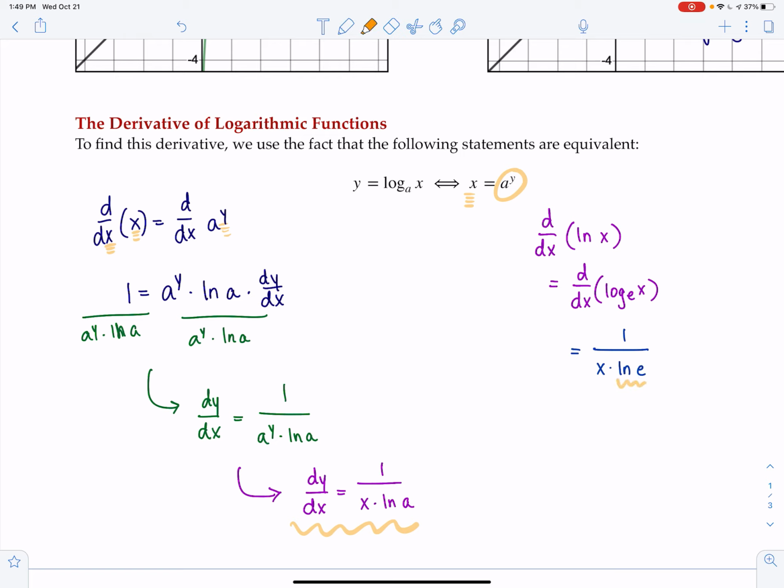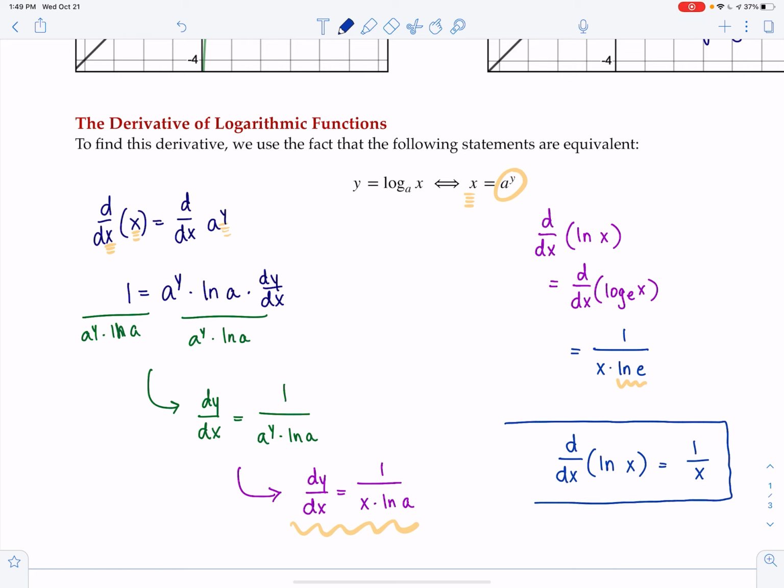The natural log of e is just 1. So the real power in this lesson is saying the derivative of the natural log of x is just 1 over x. And that, my friends, will be used all the time in calculus, especially the calculus you're doing in this course.